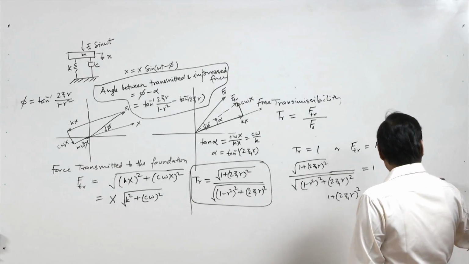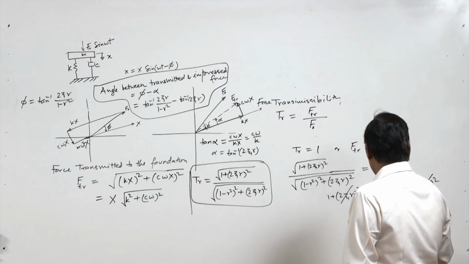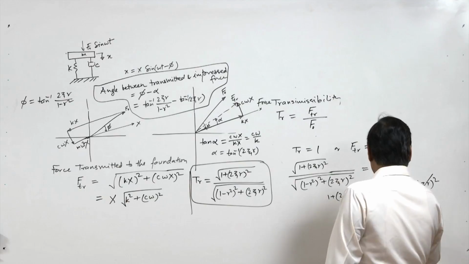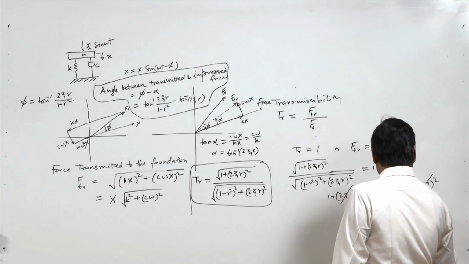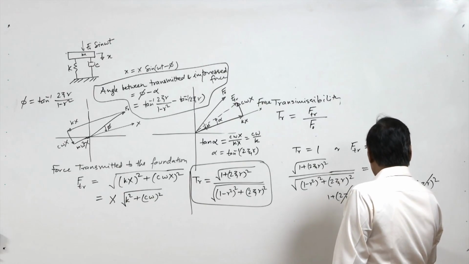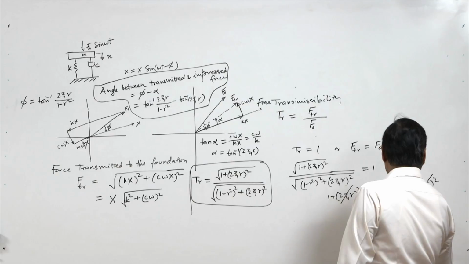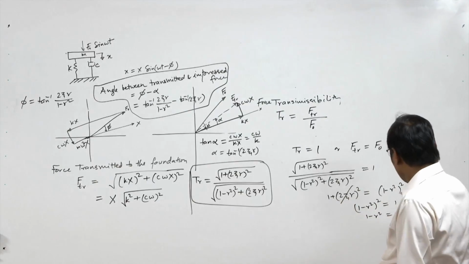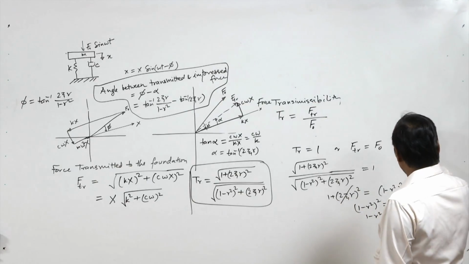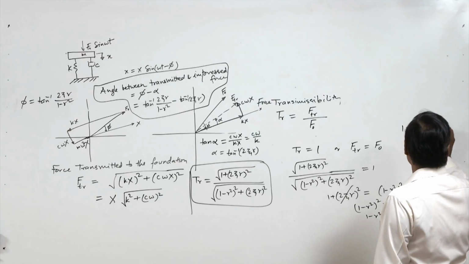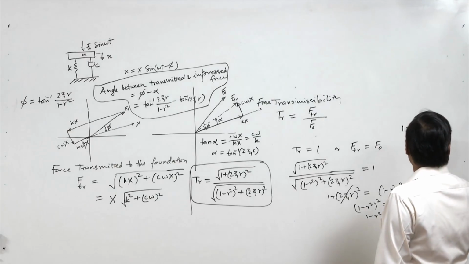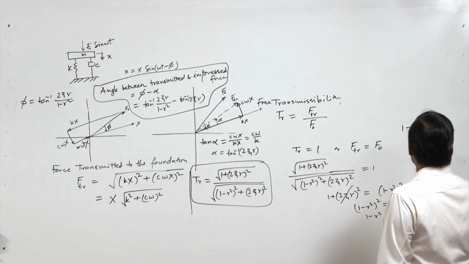Okay. So these terms will cancel out and we have (1 minus r square) whole square equal to 1. So 1 minus r square equal to plus or minus 1. If we take 1 minus r square equal to plus 1, we get r square equal to 1 minus 1, which is 0, so r equals 0.